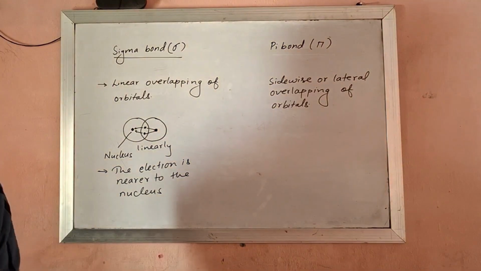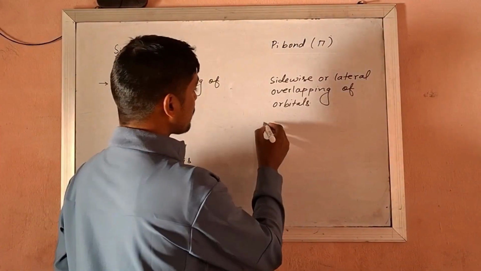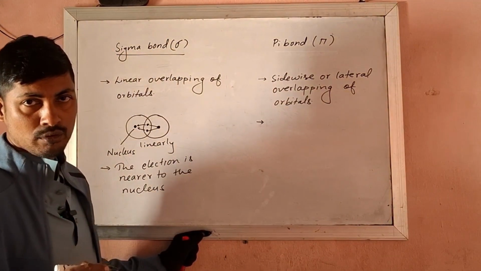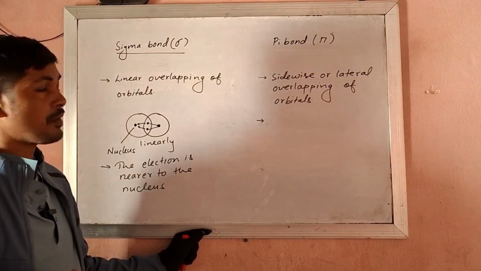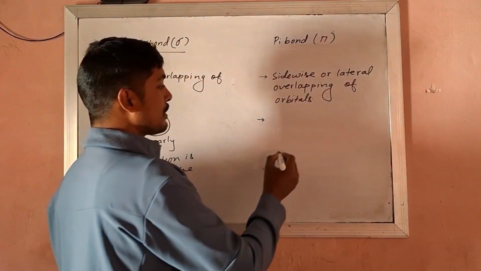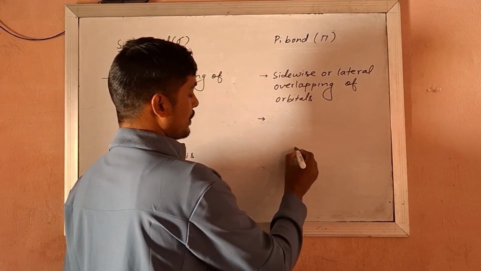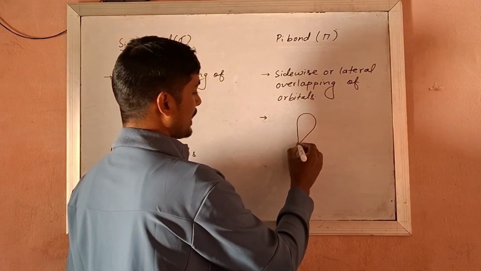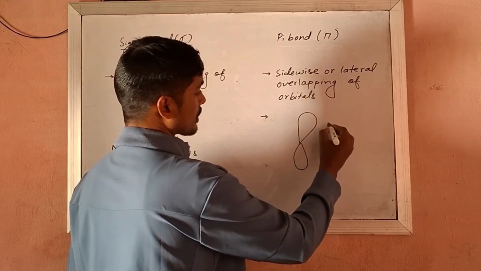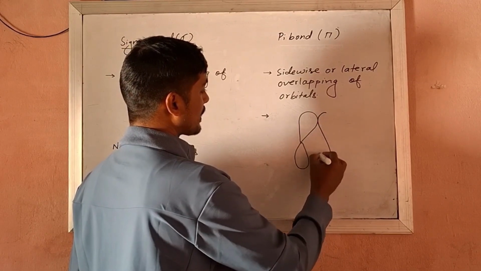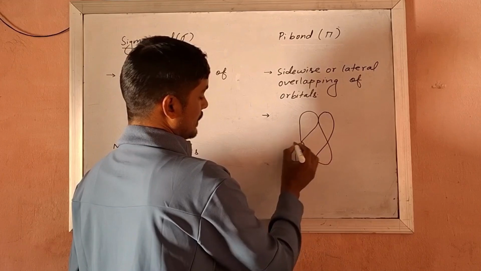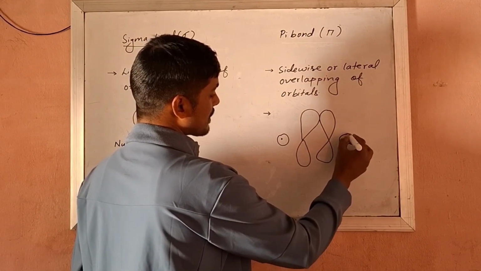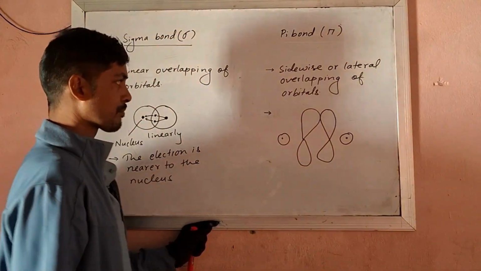But in case of a pi bond, the pair of electrons involved in the pi bond formation are far away from the nucleus. Suppose there is a p orbital of one atom and another p orbital of another atom, and here is the nucleus of one atom and here is the nucleus of another atom.